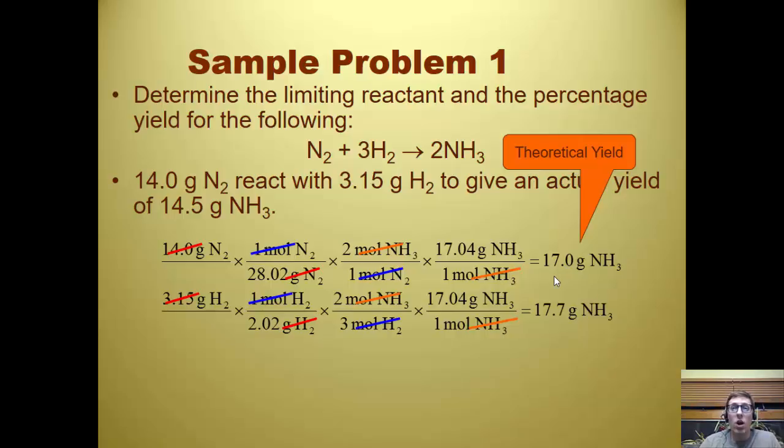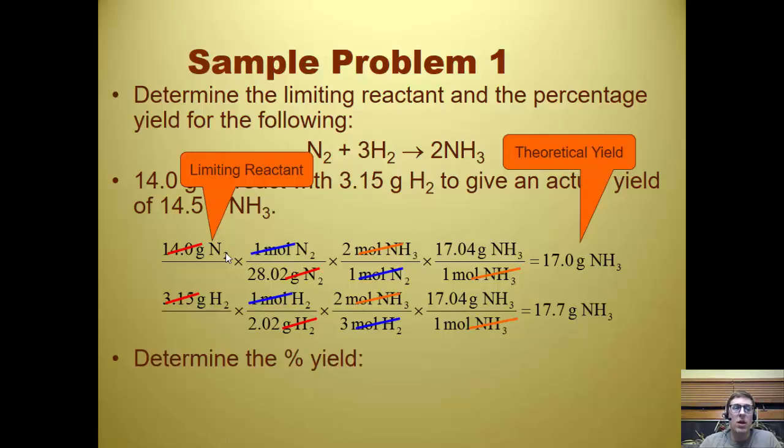So what is now our limiting reactant or limiting reagent? Well, since this determined the theoretical yield, not 17.7, because that's excess, we know that N2 is going to be our limiting reactant. So now we determine our percent yield. Again, like I said, we have the actual yield.